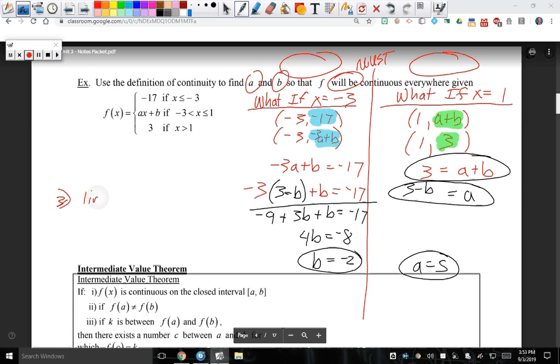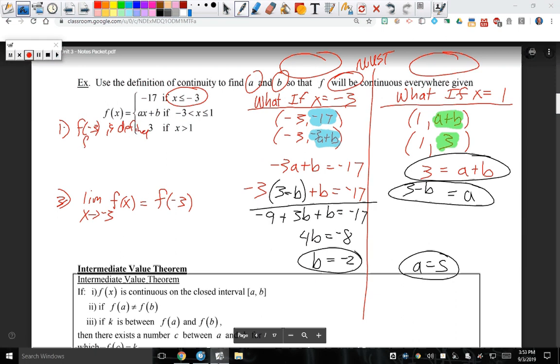The limit of f of x as x approaches negative 3 is equal to f of negative 3. Okay? And then when we come back, we know that f of negative 3 is defined. Is f of negative 3 defined? Yes. What is it? Negative 17.